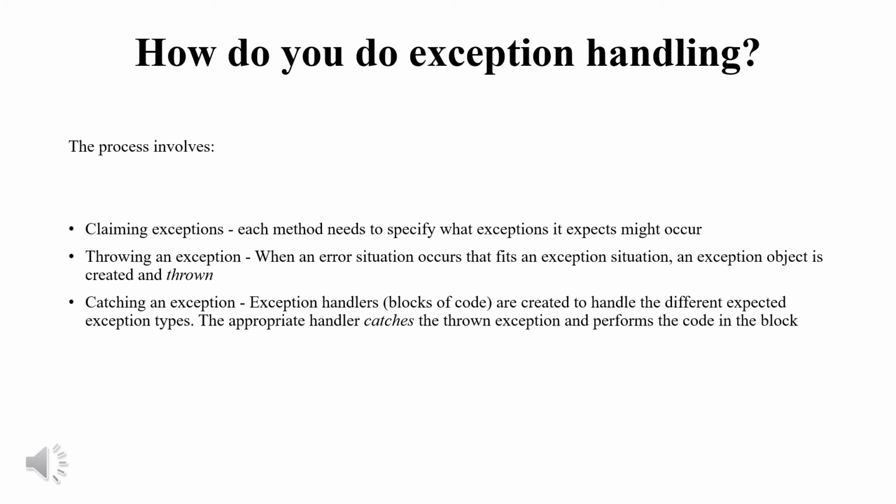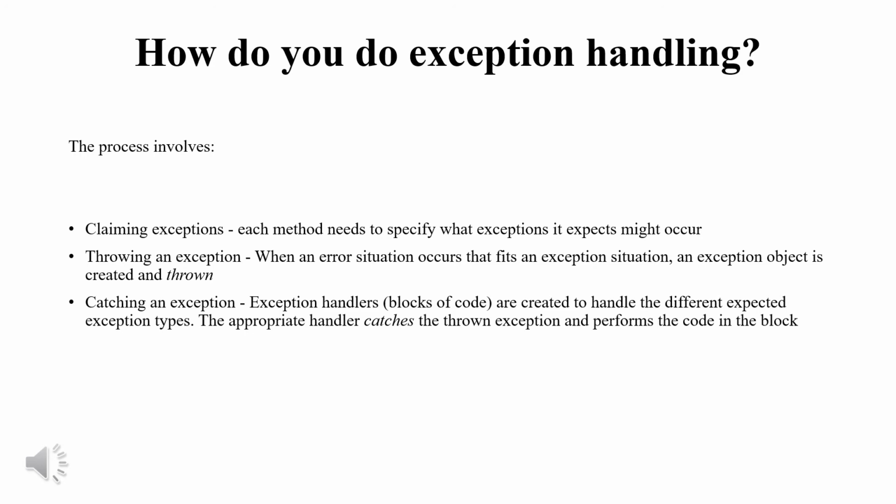The next step is throwing an exception. It means when an exception happens, then we need to create an exception object. We need to throw that. And the last step is catching an exception.